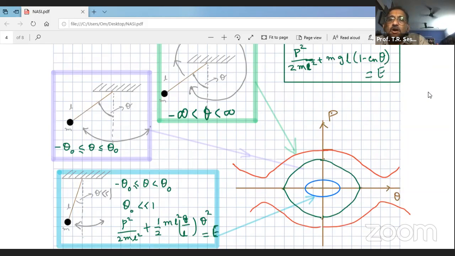Let us now focus on the figure which has a light blue border, that is left bottommost. Here I have taken the maximum value of theta as theta naught, so that theta is always between minus theta naught and plus theta naught, with theta naught much less than 1. Now I use this approximation in the phase space equation. So cos theta can be approximated as 1 minus theta square by 2.